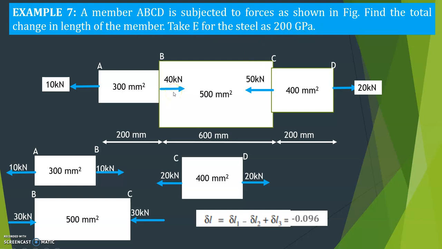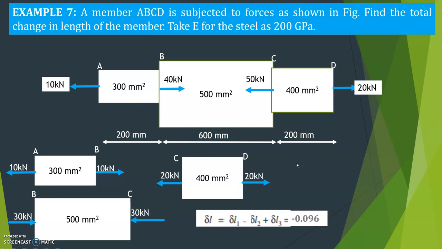This is the figure given here, A, B, C, D. This area is given 300 mm square, this area is given 500 mm square, and this area is given 400 mm square. The loads are acting like this. At A 10 kilonewton, at B 40 kilonewton, at C 50 kilonewton, at D 20 kilonewton. The lengths are also given: 200 mm for A to B, B to C 600 mm, C to D 200 mm.